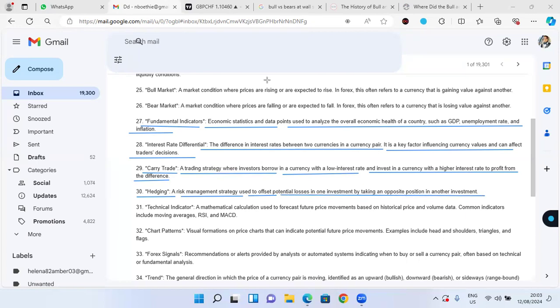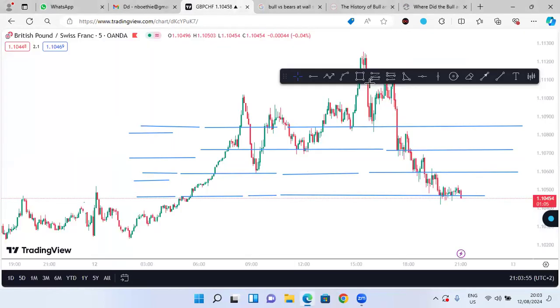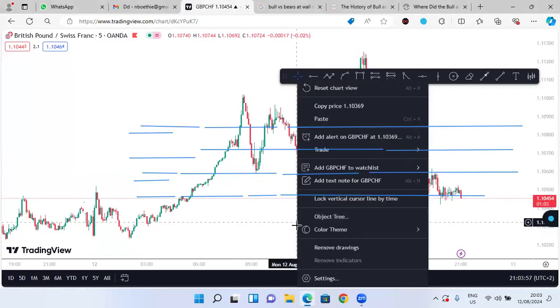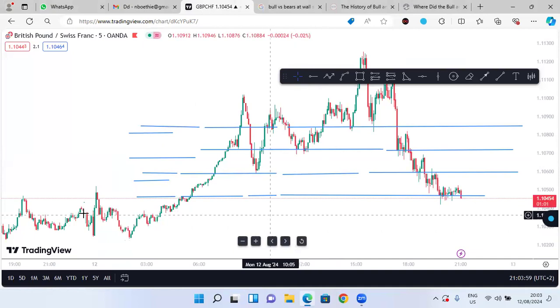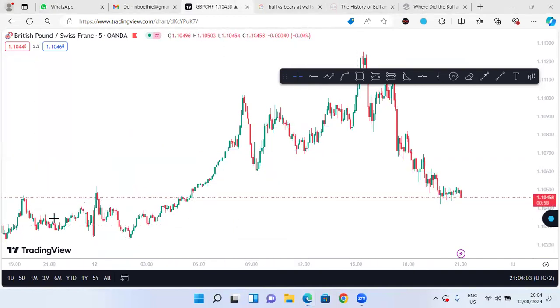Okay, what do we mean by this? Mostly with hedging, in our case, is when we buy and sell at the same time. You are allowed to buy and sell at the same time. Why? I'll give you a quick example.